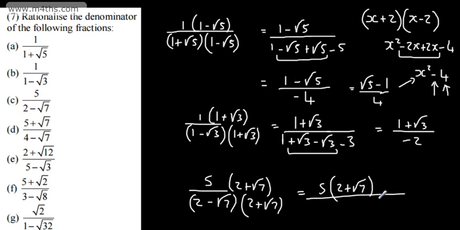Then in the denominator, I'm not going to do this one right the way through, but all I'm going to have is just 4 minus 7. Remember, it's this number squared minus this number squared, and we've looked at that previously. So I could write this now as 5 times 2 plus root 7 over, now, and that is a 7 just there, negative 3. And again, different ways in which that can be written.